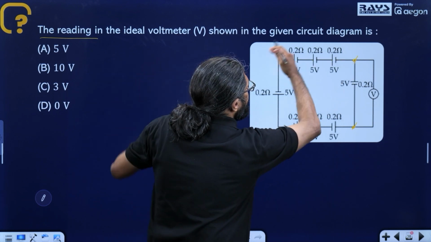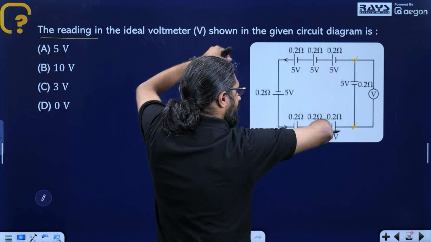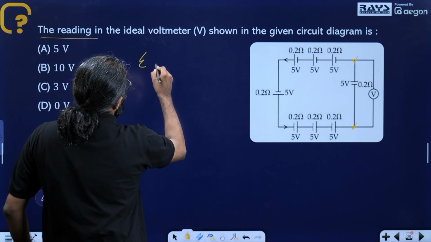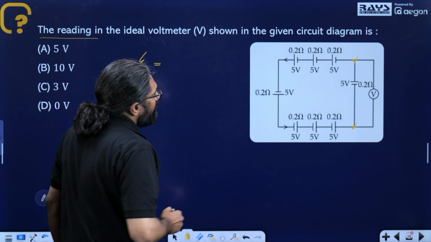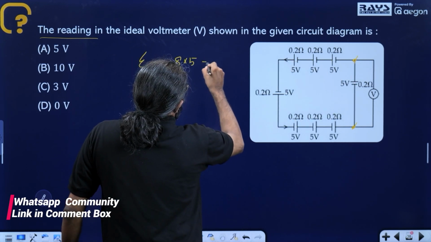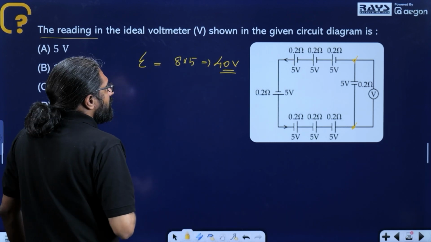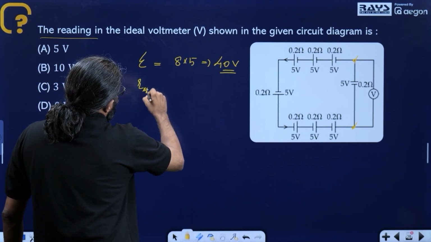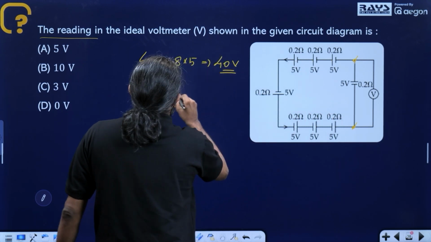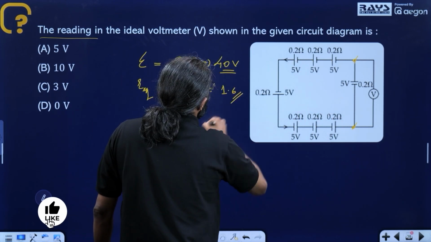in the same alignment. The polarity of all of them is such that current flows in the same direction. So we can say that the effective EMF of this circuit will be 8 times 5, 8 into 5 is 40 volts. Now, the total resistance R equivalent of this circuit will be 8 times 0.2, that is 1.6.